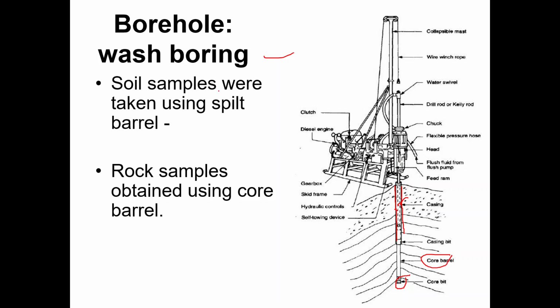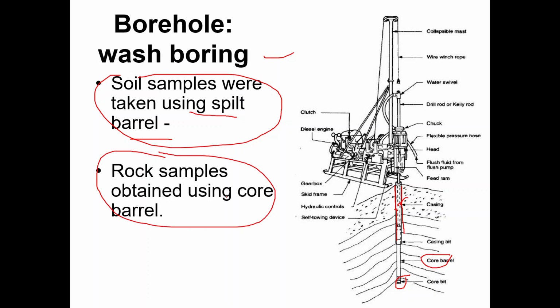And for that you can get the soil sample, which we take using a split barrel. We show you that is a split barrel. And if you have a rock layer, we can get the rock sample. Based on that, we can identify the type of rocks.